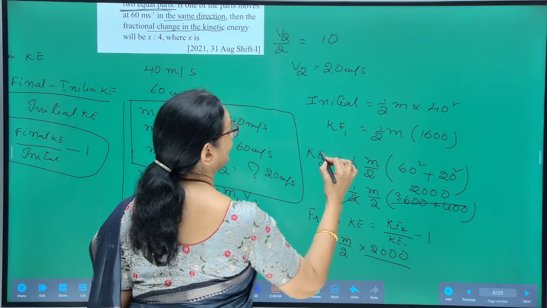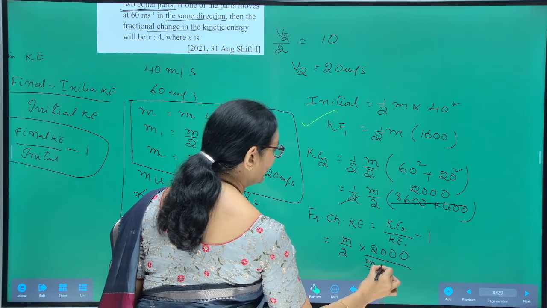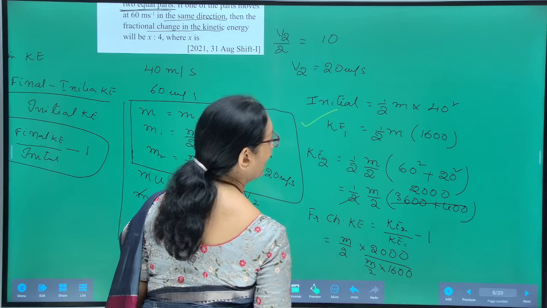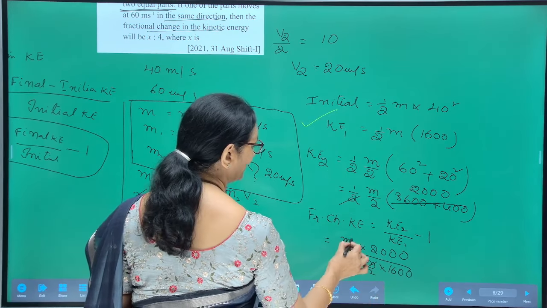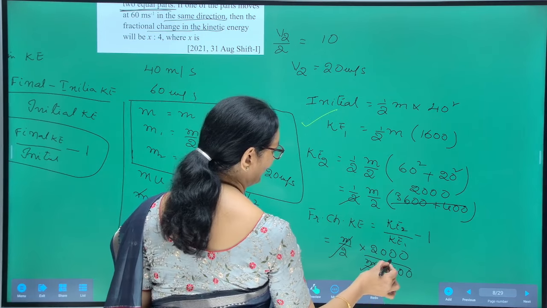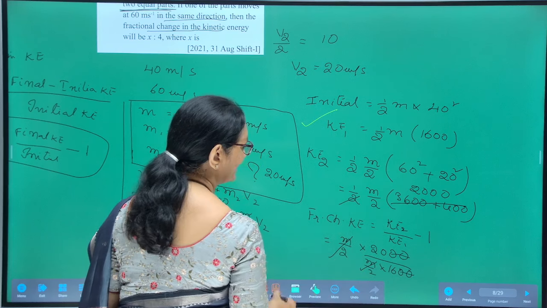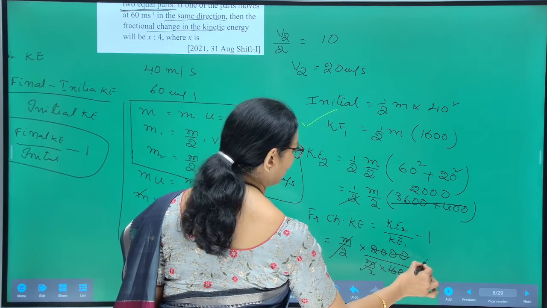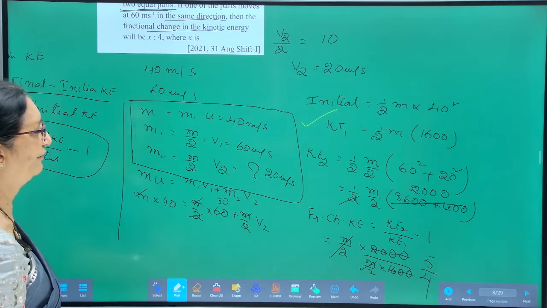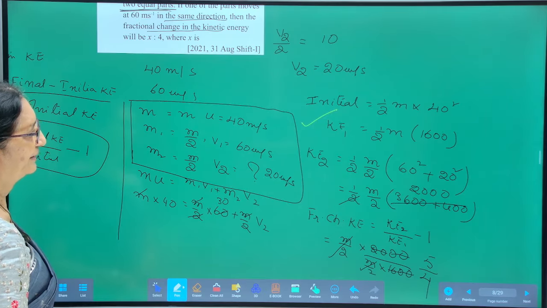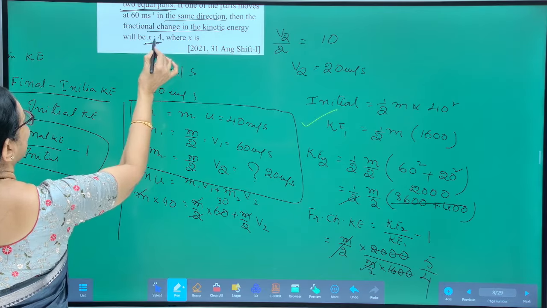Initial is this one, m by 2 into 1600. So, here m by 2 gets cancelled, it becomes 20 by 16 or it is 5 by 4. It is 5 by 4.